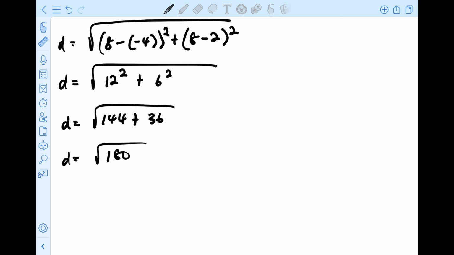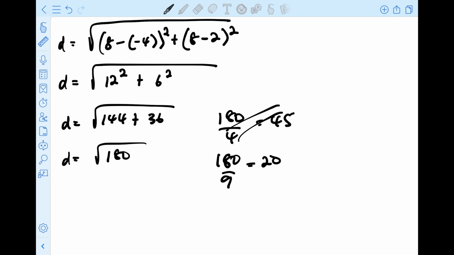Let's divide 180 by perfect squares. 180 divided by 4, that works. 45, you need a bigger one, okay? 180 divided by 9, I'm sure you see that. Let's see. That also works.